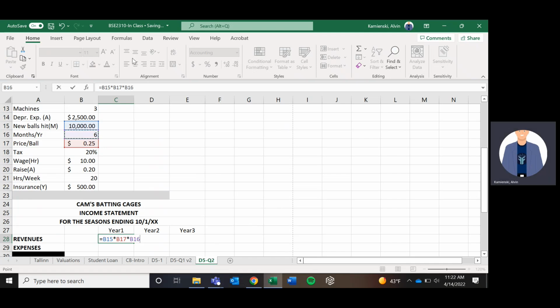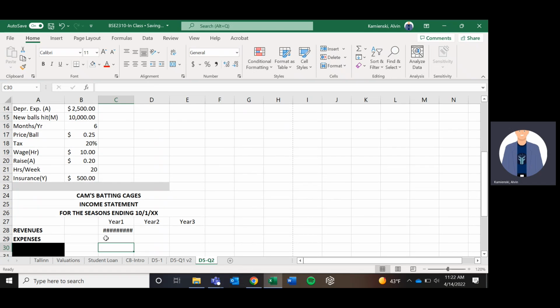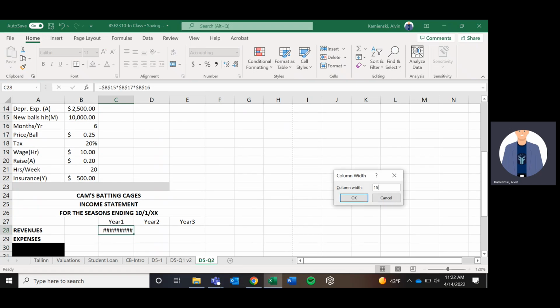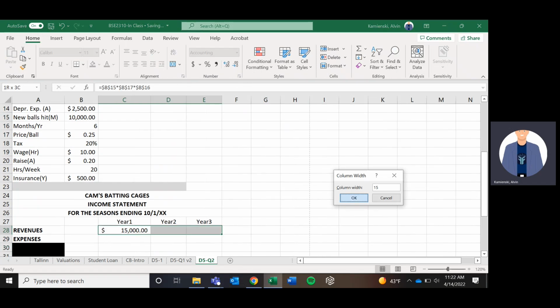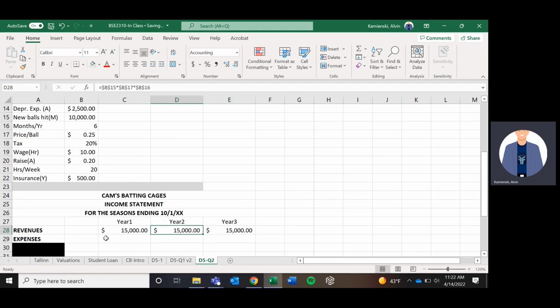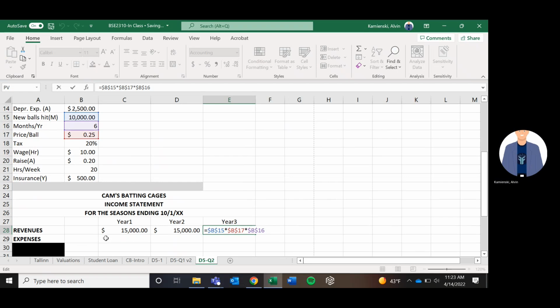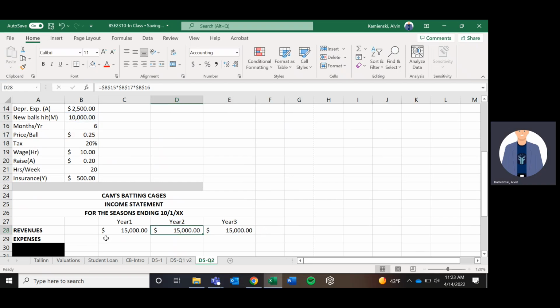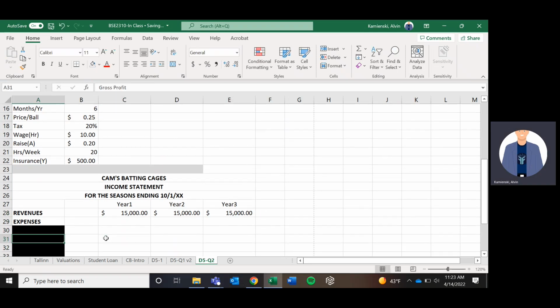Because I'm going to make my formulas constant later and copy them across, I'm going to put fixed references on all these, so I need to make them 15 now. When I copy and paste across, it's still looking in those original cells. So it's $15,000 every year for those 3 years.